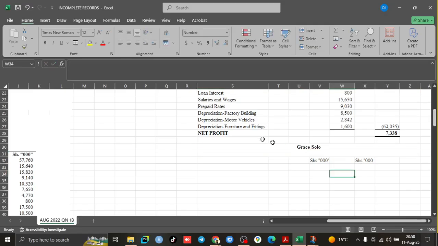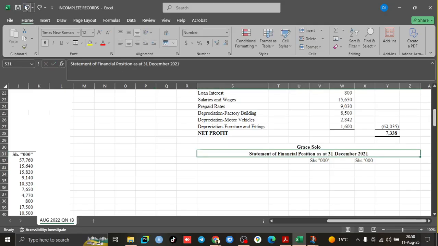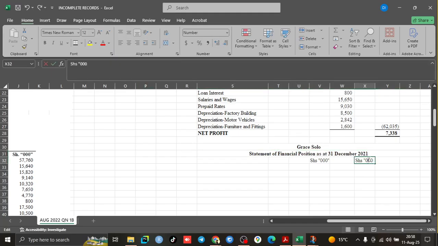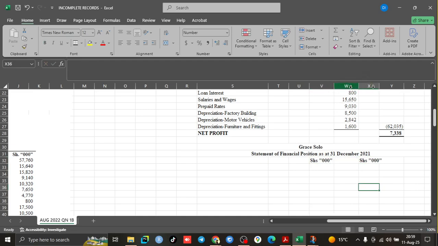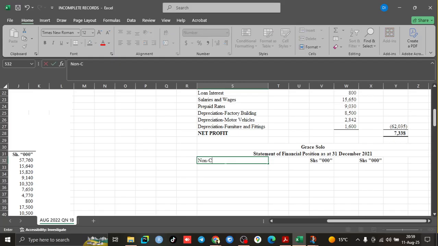So shillings in thousands and shillings in thousands. And current assets. For non-current assets, they are given already.